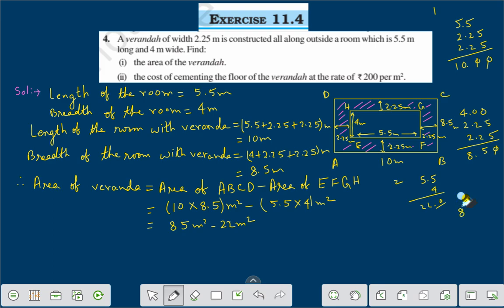Therefore, 85 minus 22, 5 minus 2 is 3, that is 63 meter square.